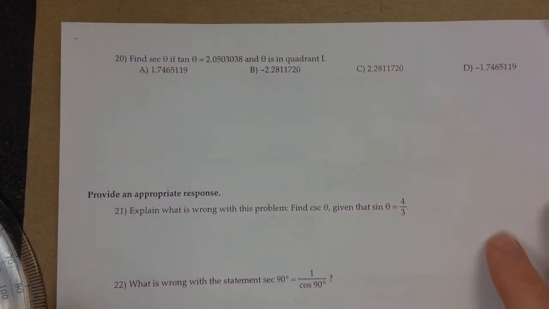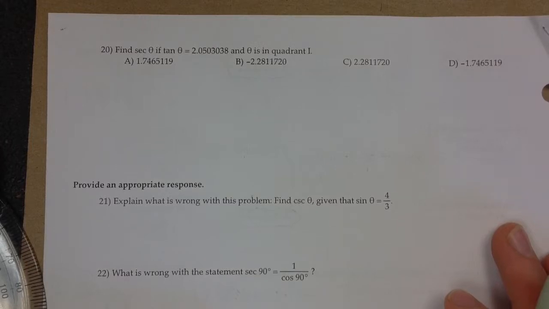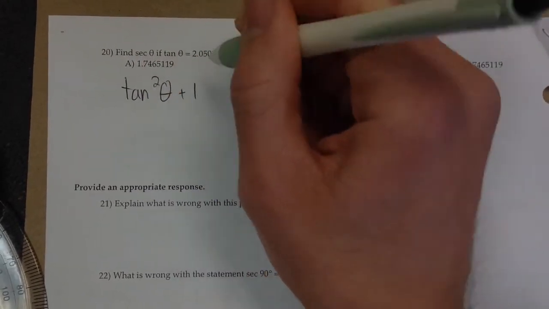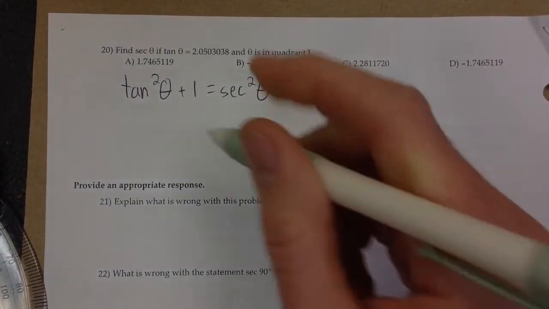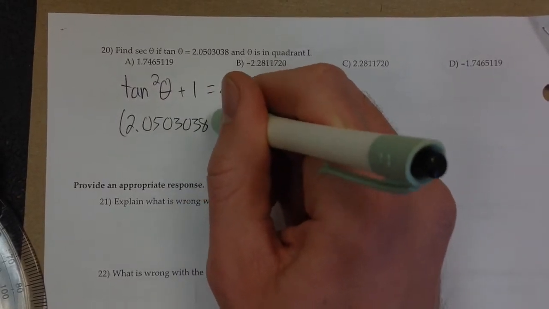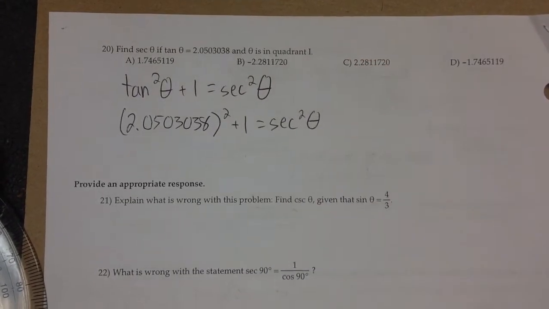Good. 20. We have a number that has a lot of decimals. So what? No need to be intimidated. We know that tan squared plus 1 equals secant squared. Plug it in. See, it's easy.